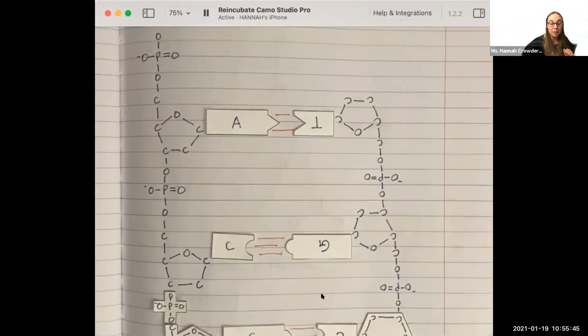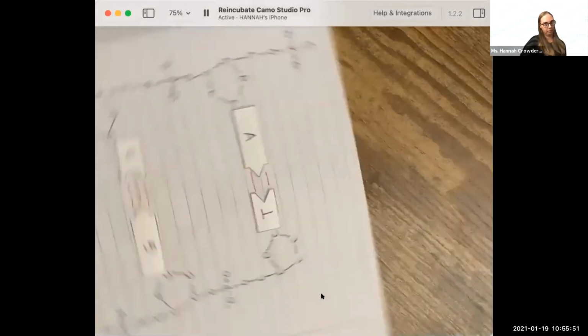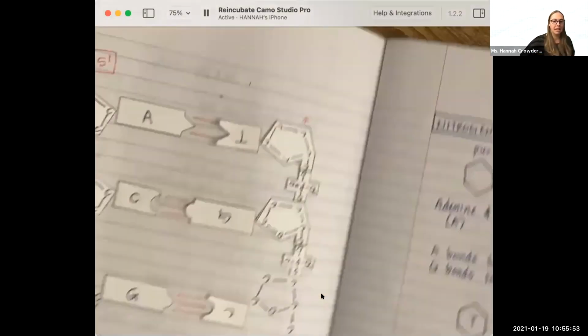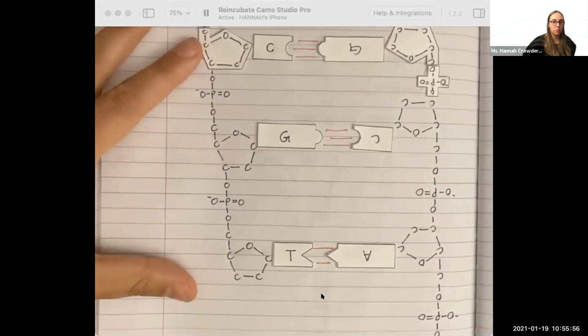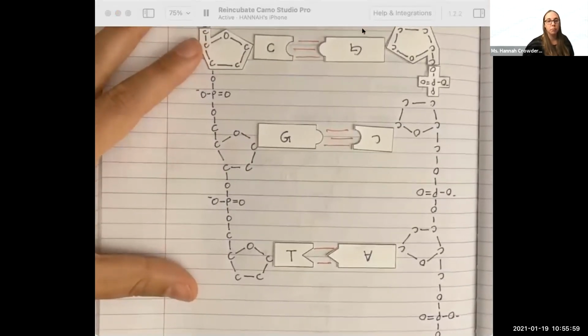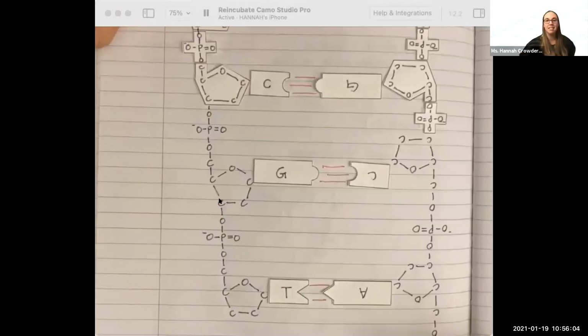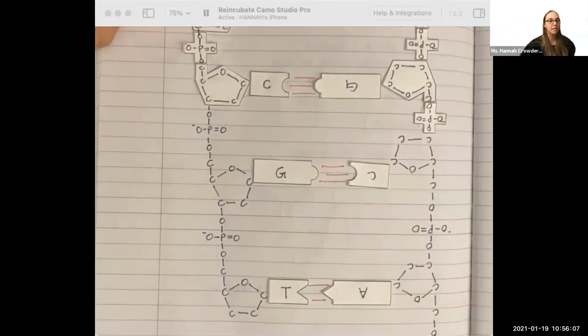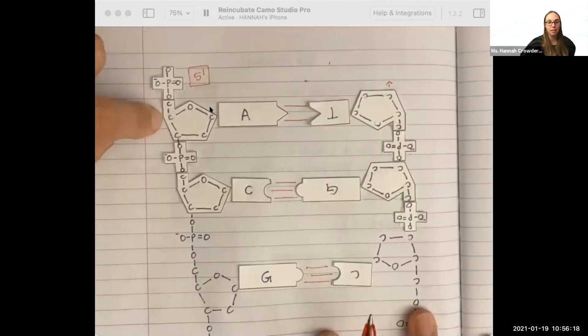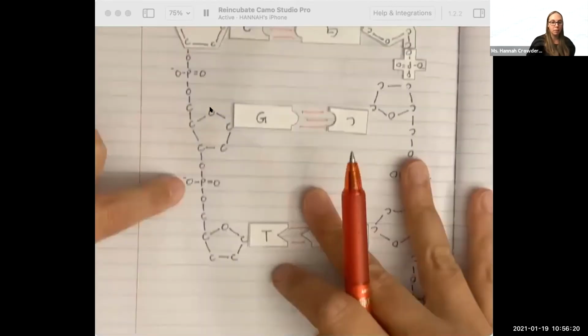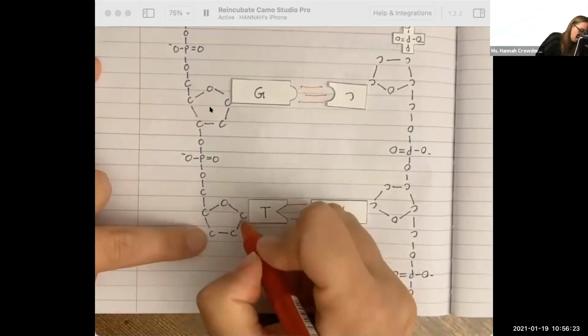All right, we are almost done. So I'm going to flip this back over. Add a couple more things. So we labeled it before, but my 5' end is at the top, which means that my 3' end is going to be at the bottom. So the 5 carbon is here, the 3 carbon is here, which means that this is my 3 carbon, 1, 2, 3.